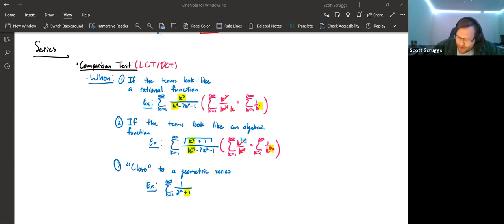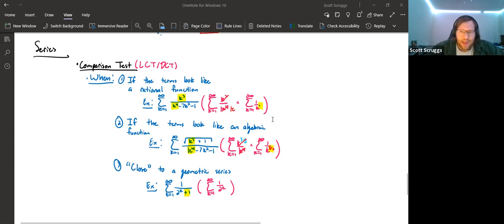But it's pretty close to that. Because it's pretty close, the series I'm going to compare with will be the geometric series, as if I didn't have that extra term that does not make it a geometric series. So for a comparison test in general, these will be the 3 candidates for times when I would prefer to use it.